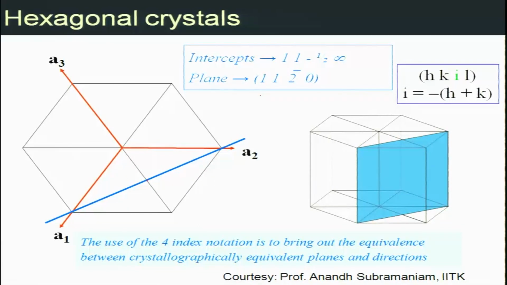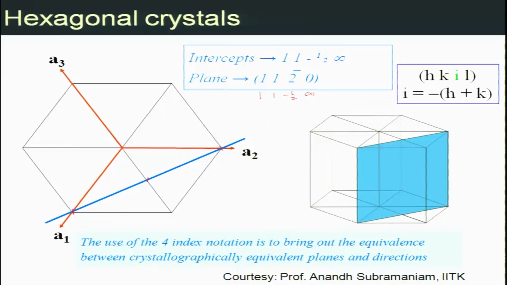So the intercepts will be 1, 1, -half and infinity, as he has written. All right. So it has 1 intercept here, 1 intercept there, -half intercept along A3, and nothing along C, it's parallel to the C axis. So you can see that this is the plane. So in 3D, the plane is going to look like that.